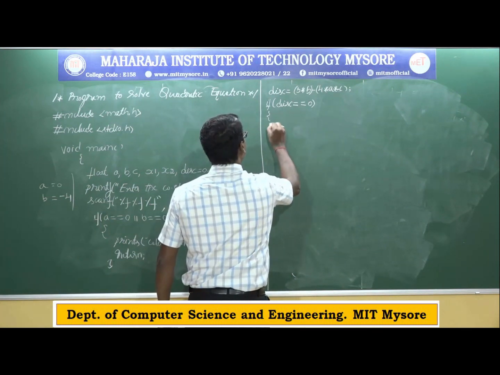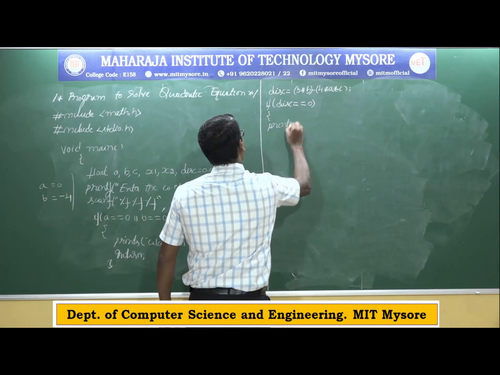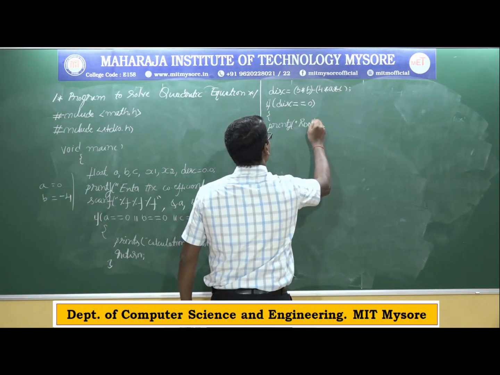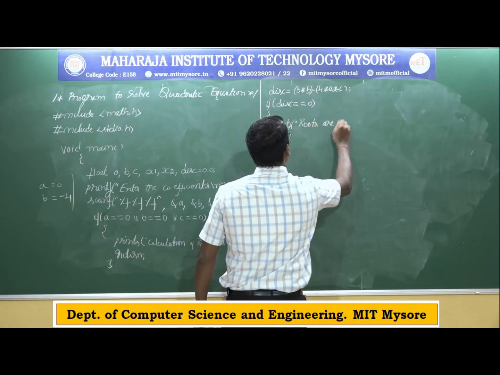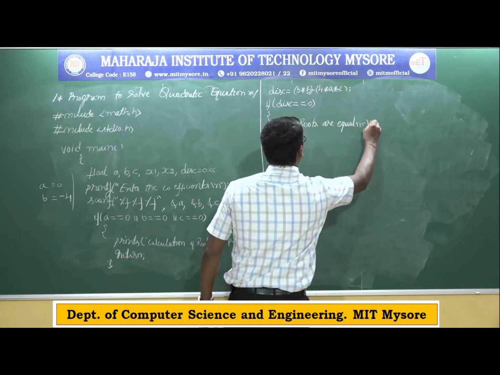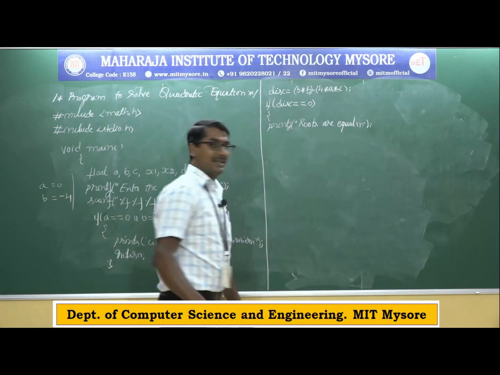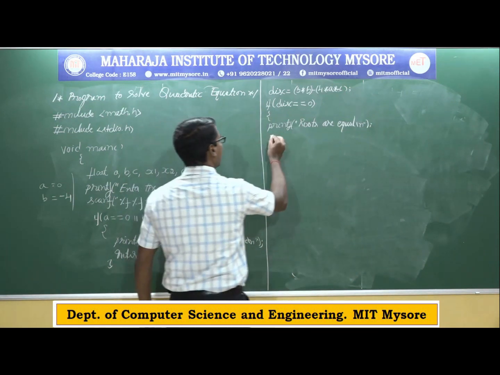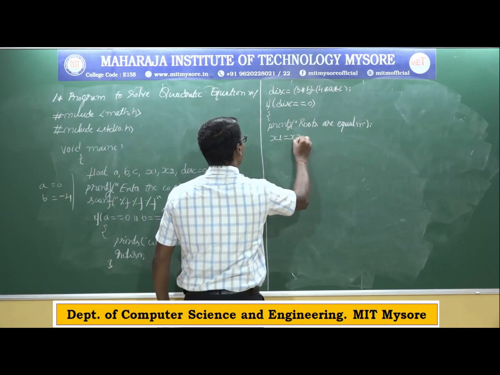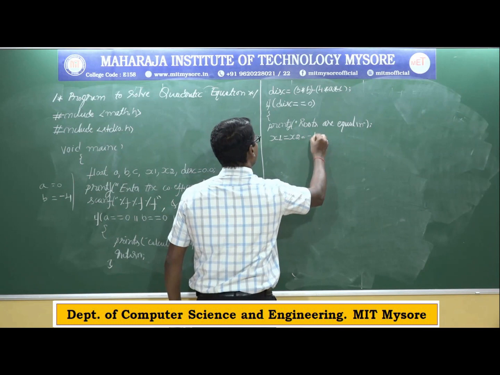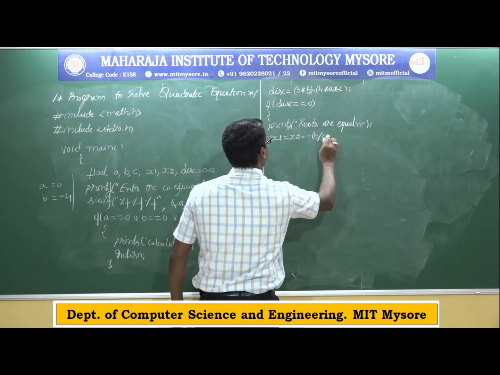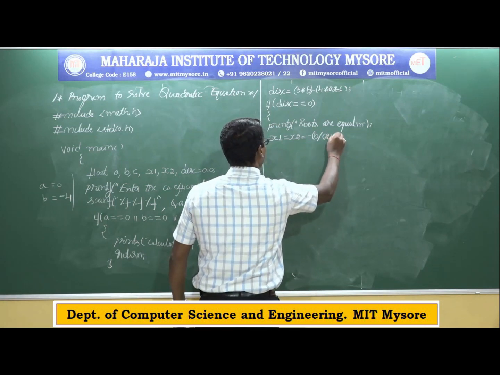If this condition is satisfied, printf roots are equal. If roots are equal, then the value of x1 is equal to x2 is equal to minus b divided by 2 into a.